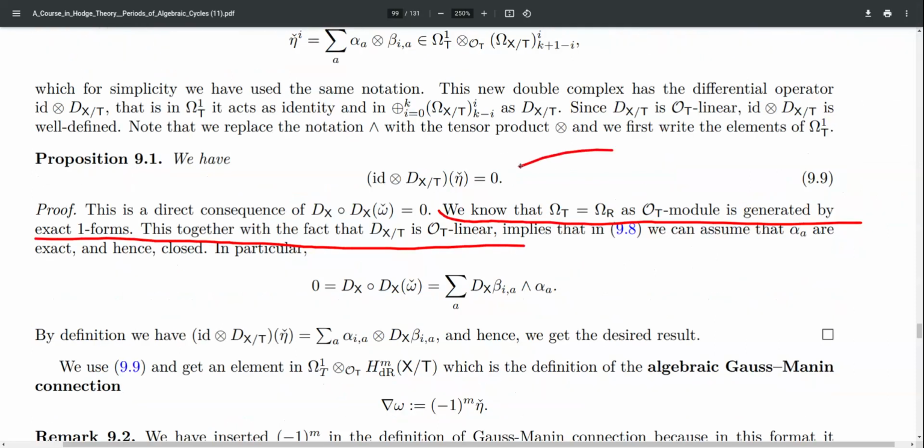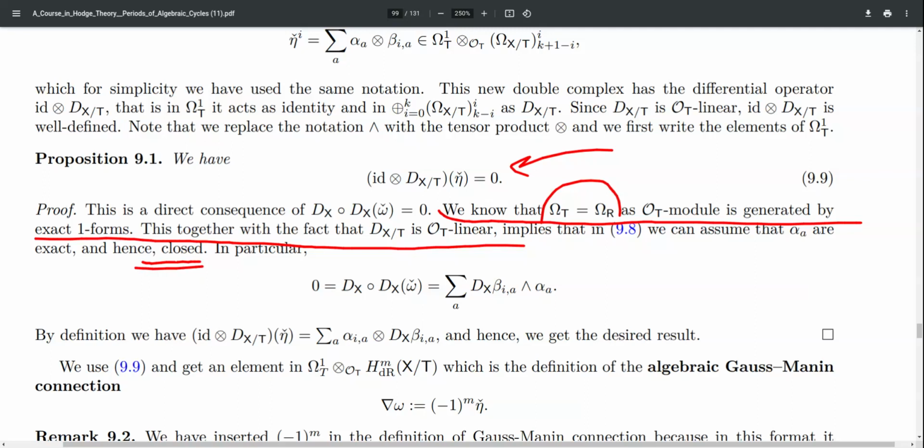In order to prove this identity, we use the fact that Omega^1_T, the differentials of the ring R, are generated by exact forms. And from this exactness, we will just use the closedness.